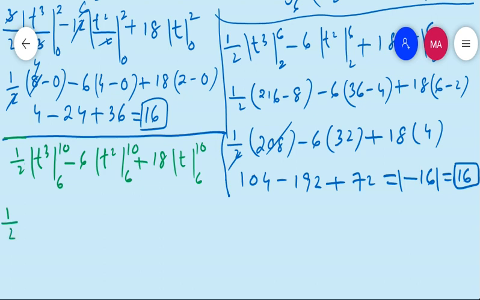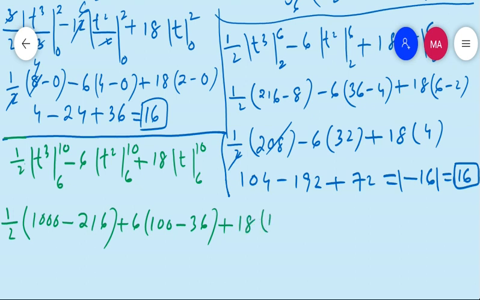One upon 2, 10 cube is 1000, minus 6 cube is 216, plus 6 t square, 10 square is 100, minus 6 square is 36, plus 18, 10 minus 6. 1000 minus 216 is 784. 100 minus 36 is 64.